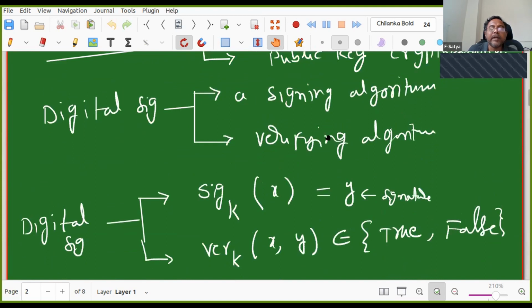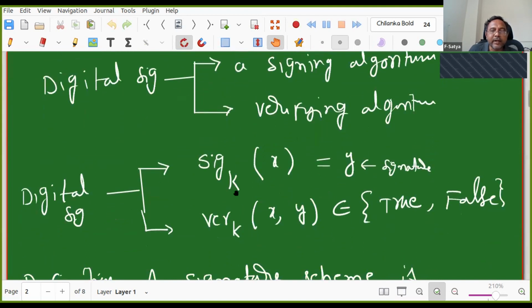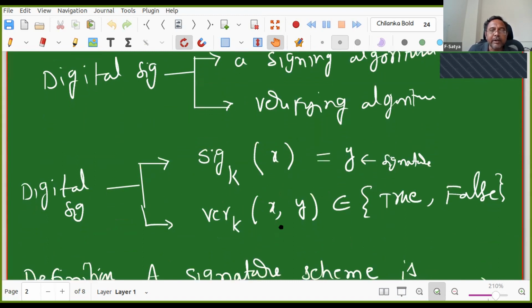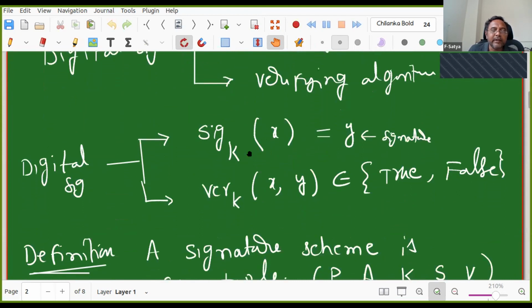Each algorithm will have input and output. The signing algorithm: the key K is also part of it, but once you fix K, it takes the message and gives an output, which is the signature. For the verification algorithm, we send the message as well as the signature.